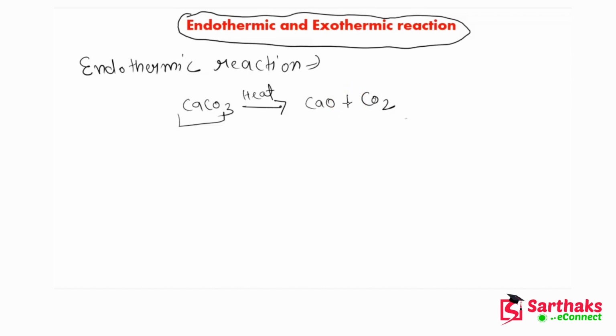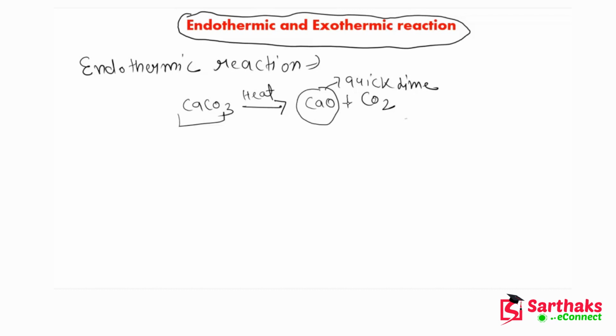And this CaO is quicklime. Okay, we have already seen this. So guys, this is an example of an endothermic reaction.